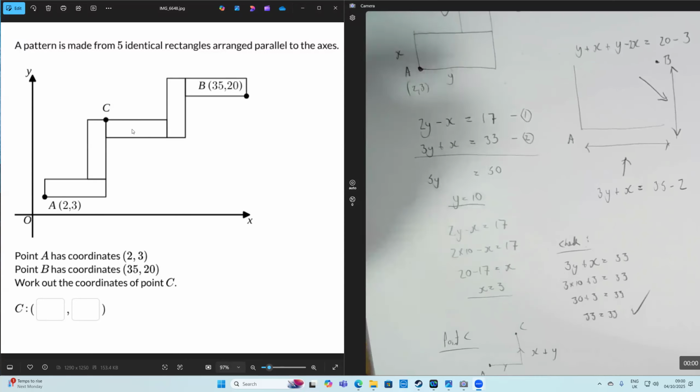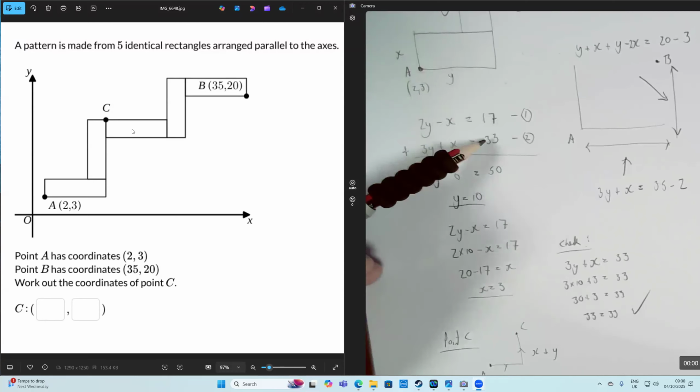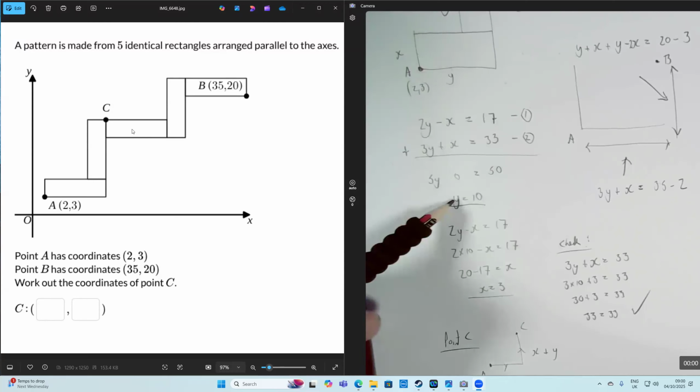We've got opposing signs, so we add the two equations together in order to eliminate the x. So 3y add 2y is 5y, minus x add positive x is 0, so that cancels. 33 add 17 is 50. Therefore y is 10.